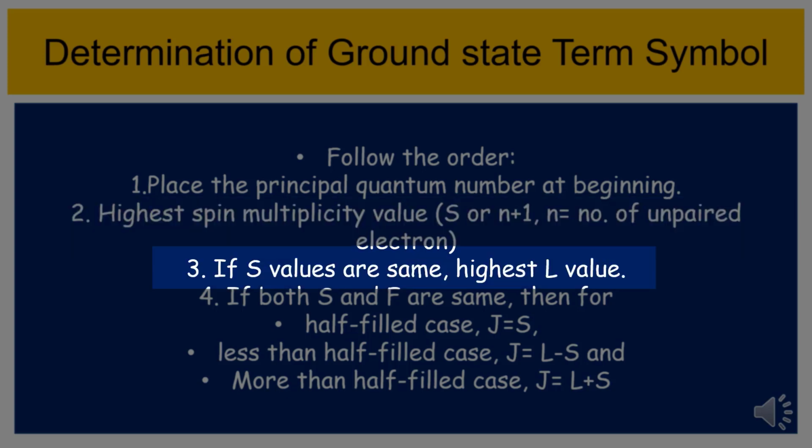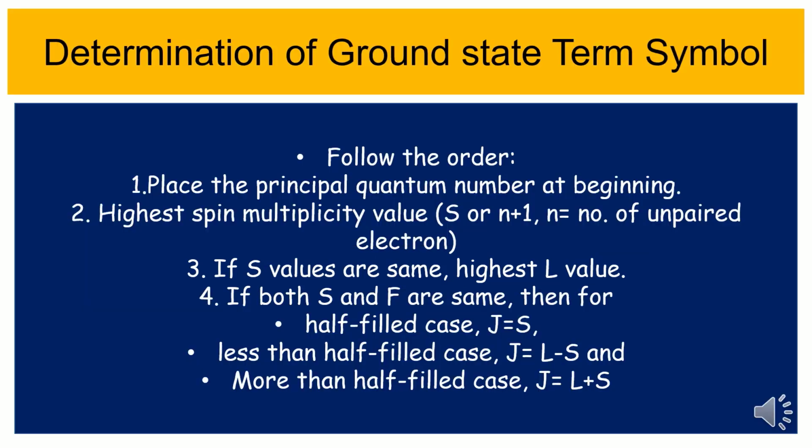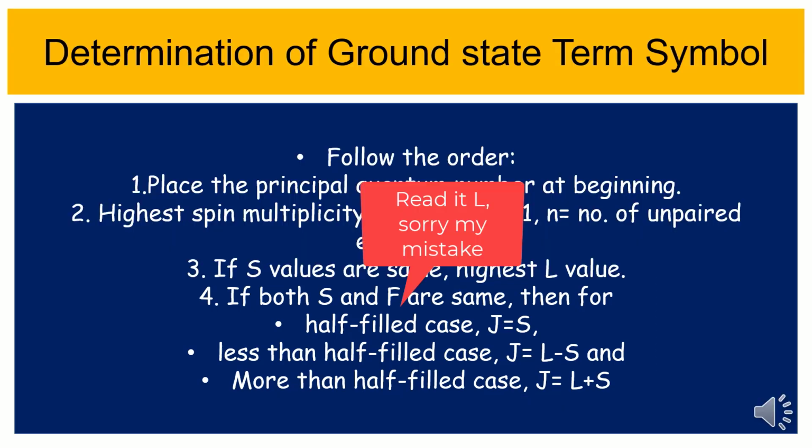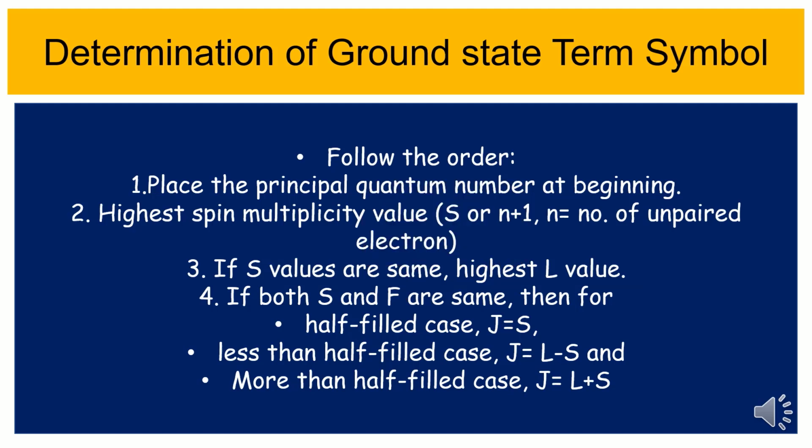Next, if more than one value has the same highest spin multiplicity, and both the spin multiplicity value as well as the L value, that is the orbital contribution, are the same, then we have to go for the J value.